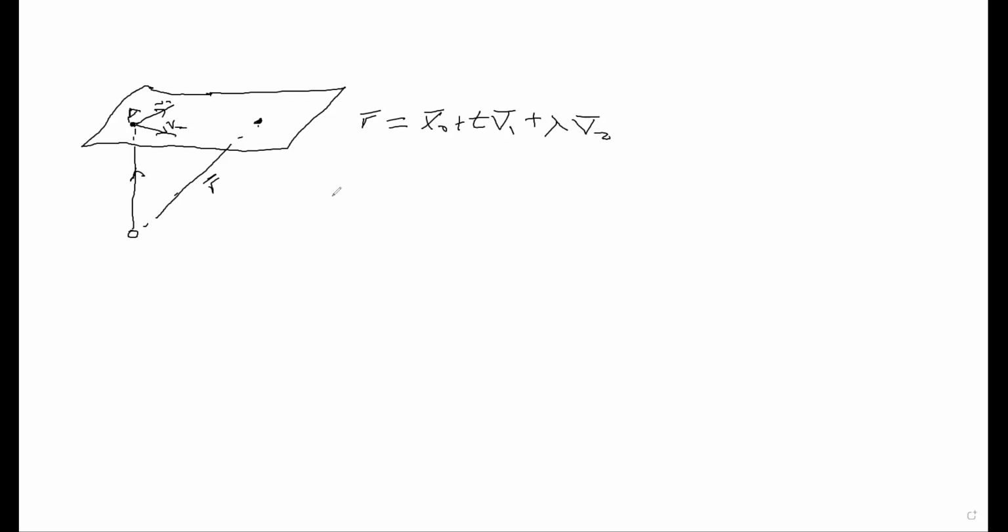Like the line, remember we had a parametric equation and then a Cartesian equation. It's the same thing with the plane. We have a parametric equation, and then a Cartesian equation, and it's like this: a(x - x1) + b(y - y1) + c(z - z1) = 0.